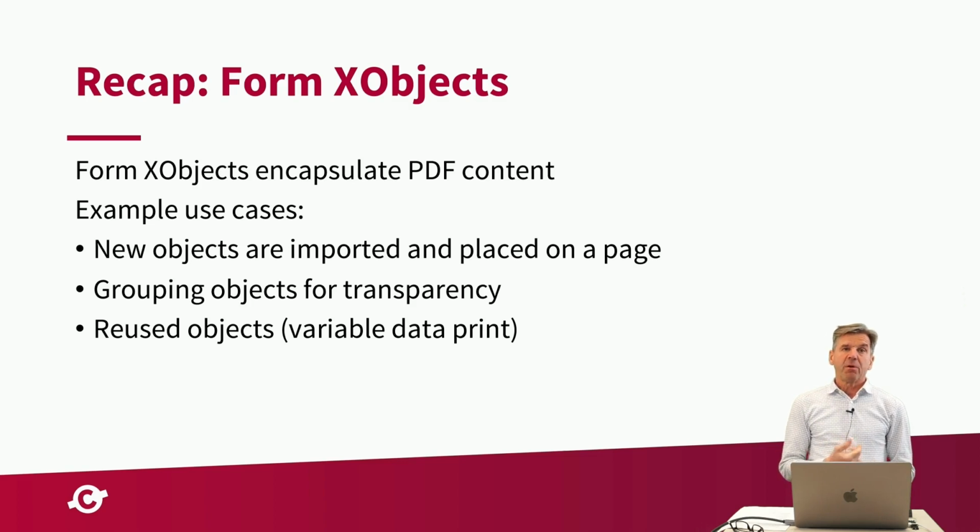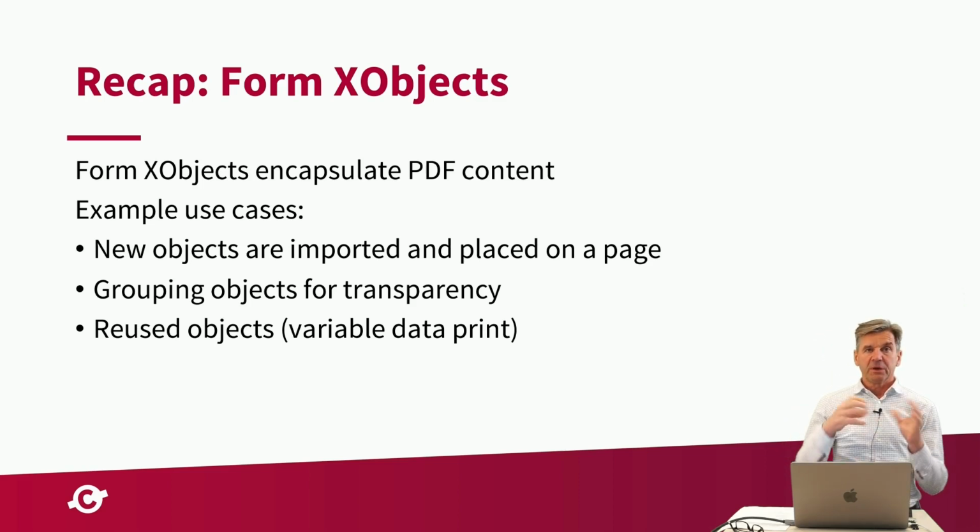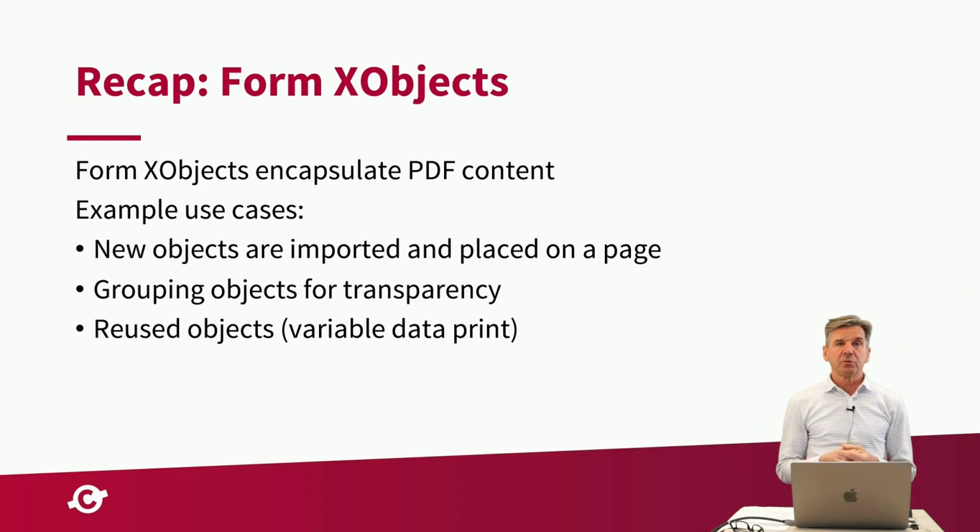You also need form XObjects for transparency. If you want to group objects to each other, we talked about knockout, transparency groups, you have to use form XObjects for grouping objects. And that is where we are talking about here, for variable data print.